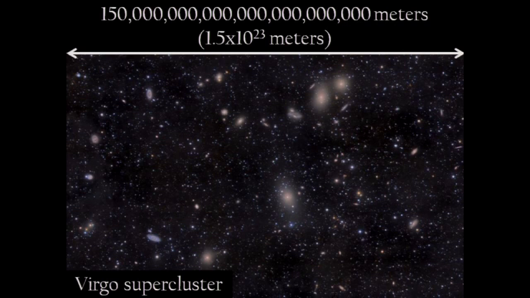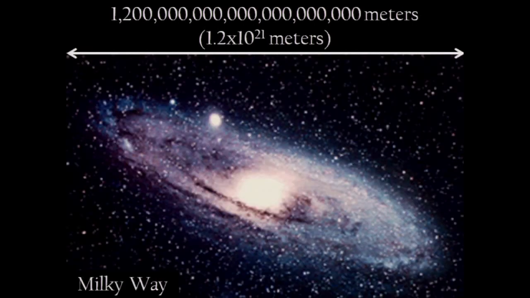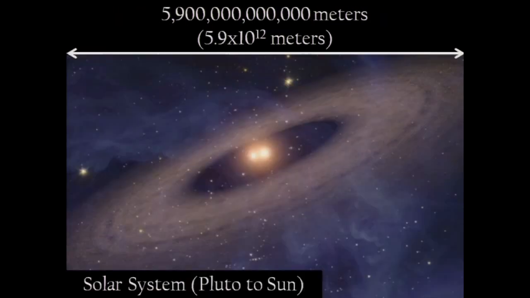Again, huge length scales. Zooming in here, we have our very own home galaxy, the Milky Way. That's 1.2 times 10 to the 21 meters. Zooming in a little bit more, we have our own solar system, which is roughly 5 trillion meters.